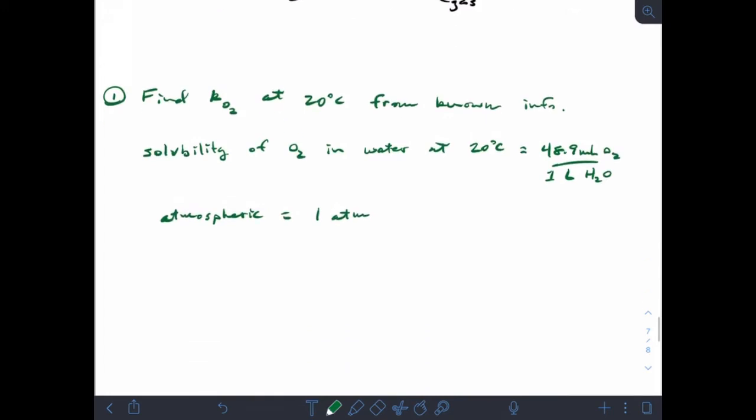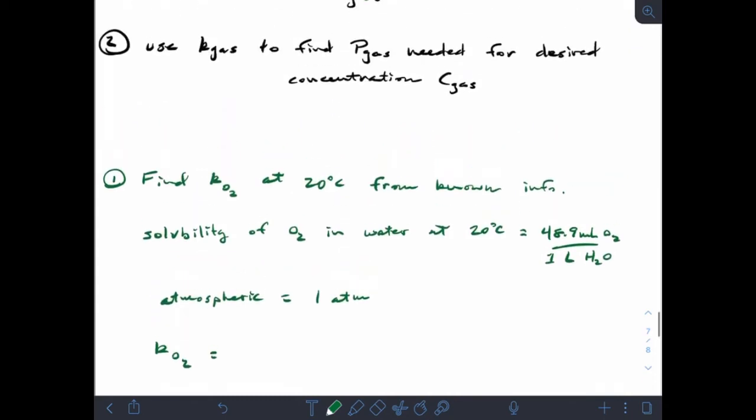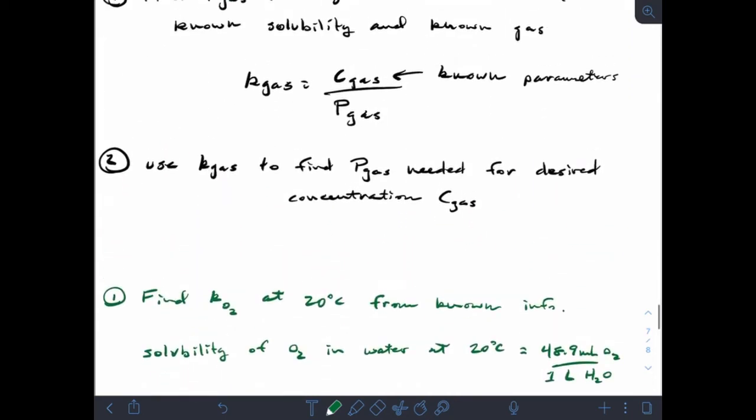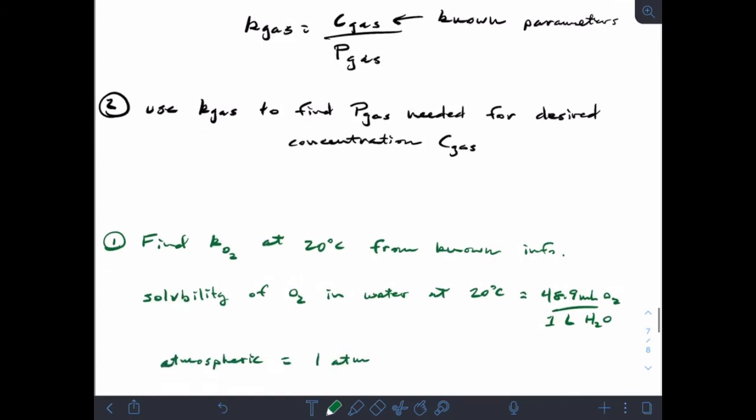Okay, so K gas, or K O2, is our, coming back up here, K gas is C gas over P gas.